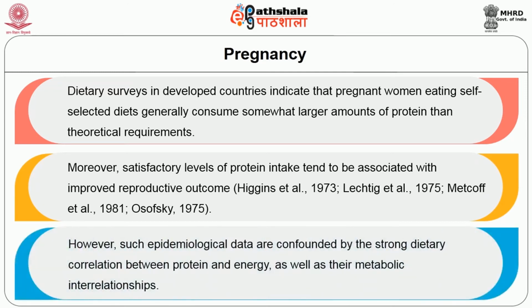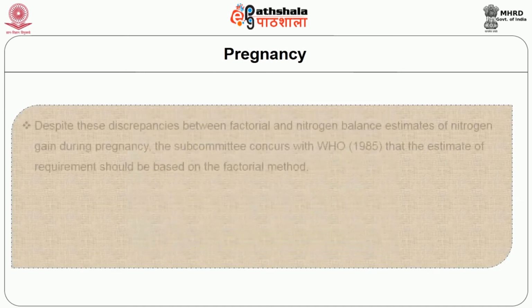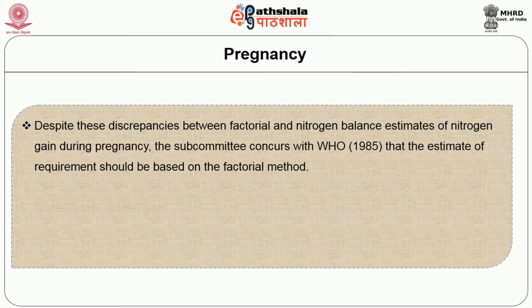However, such epidemiological data are confounded by the strong dietary correlations between protein and energy as well as their metabolic interrelationships. Despite these discrepancies between factorial and nitrogen balance estimates of nitrogen gain during pregnancy, the subcommittee concurs with WHO 1985 that the estimate of requirement should be based on the factorial method.